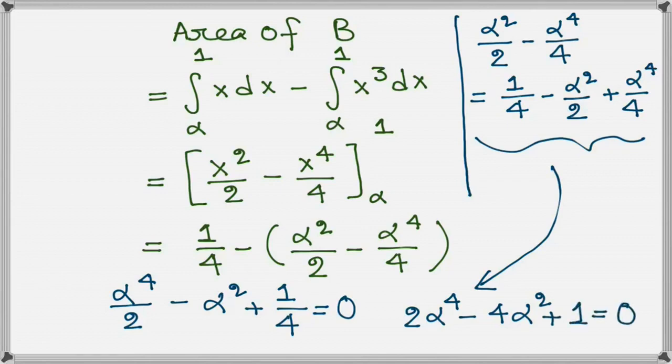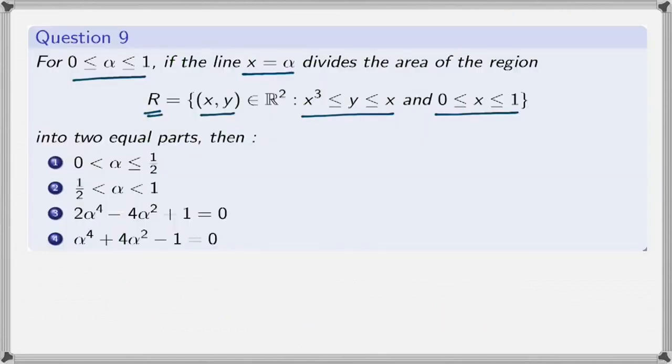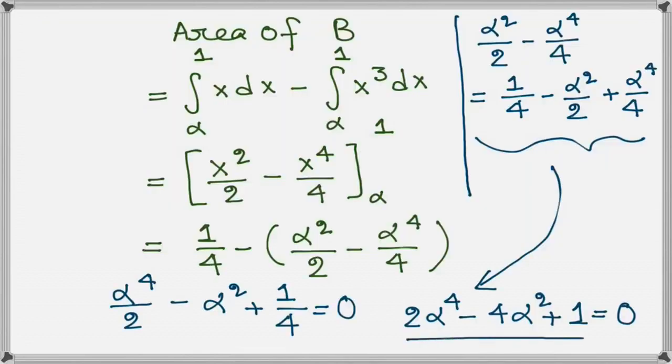So we are getting a quadratic equation in alpha square. Now if we look at the options here, we can see that third option is correct, that alpha satisfies the third condition. Now we shall check also rest of the options. We have already obtained a quadratic equation in alpha square. I write the equation here again. 2 alpha to the power 4 minus 4 alpha square plus 1 is equal to 0.